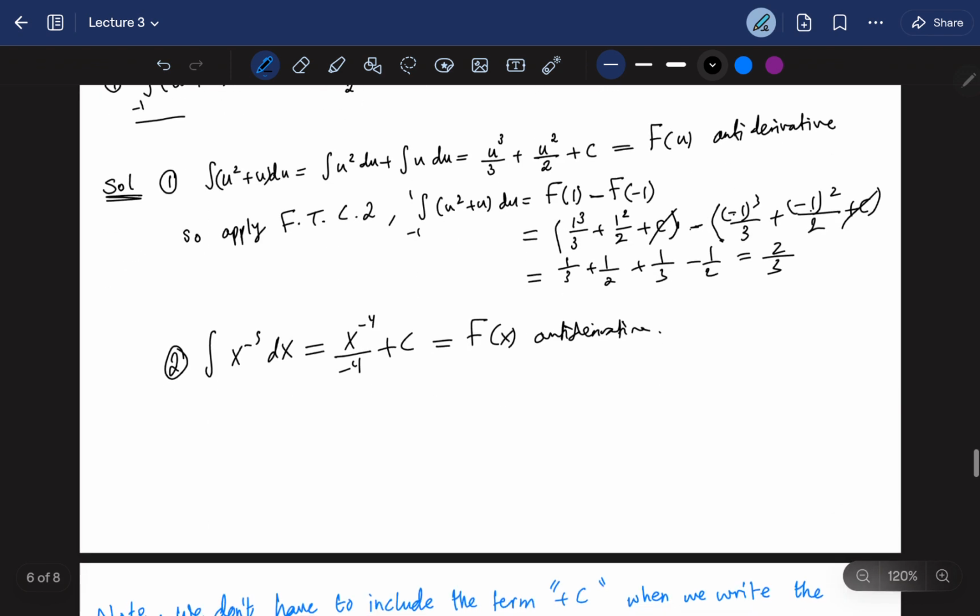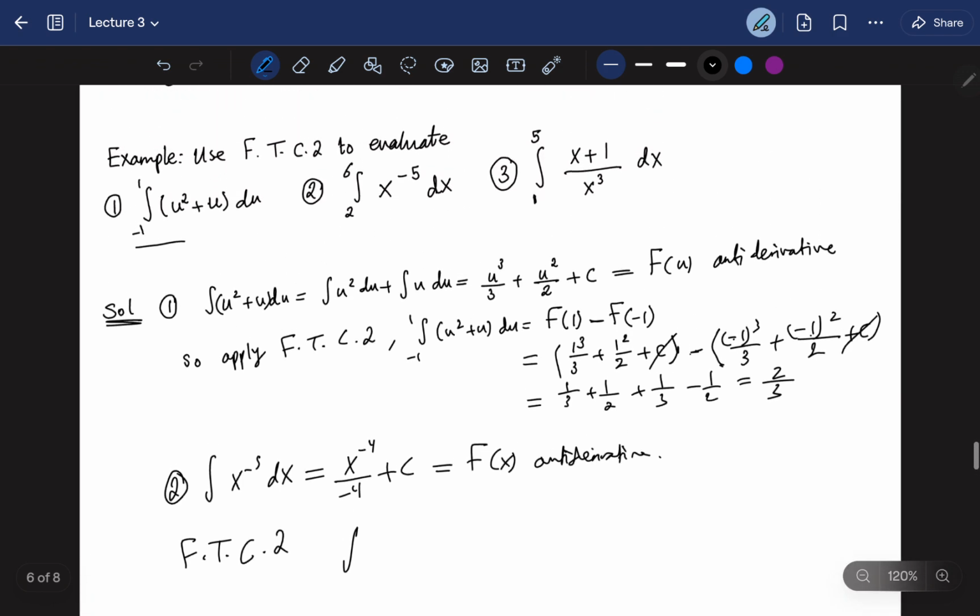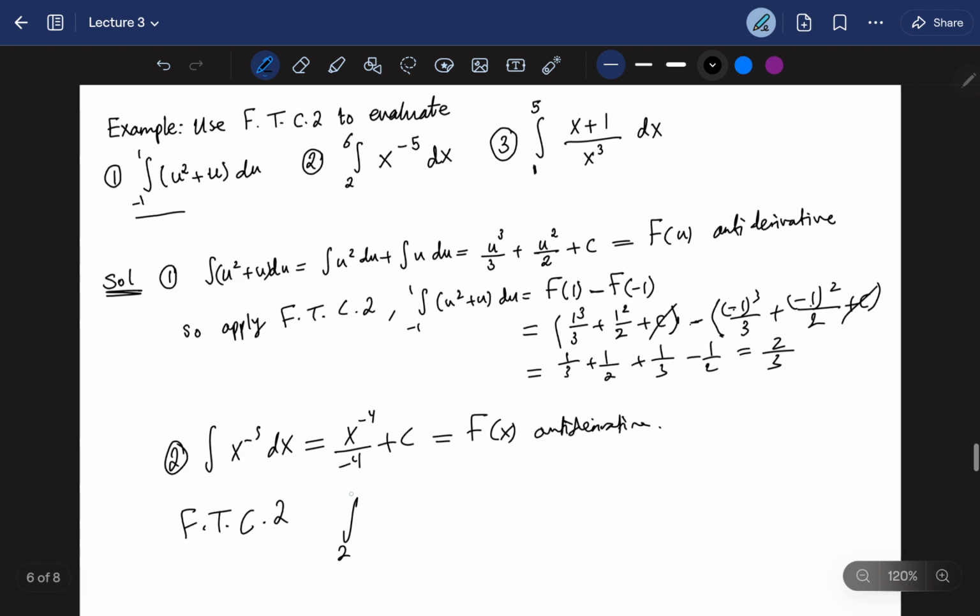And then the fundamental theorem part 2 tells me that the definite integral from 2 to 6 is the upper bound minus the lower bound in my antiderivative. So 5. Oh, it's not 5, it's 6, sorry. Then minus the lower bound.